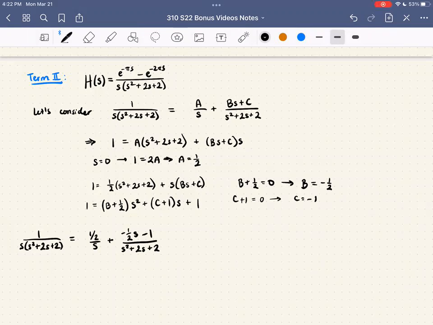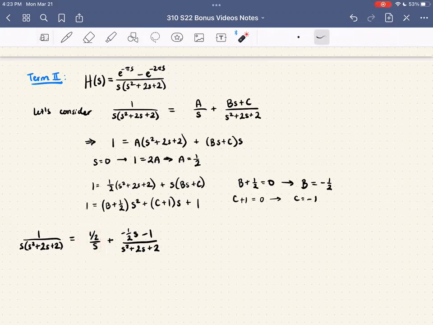Now remember, we want to take an inverse Laplace transform here, but this still doesn't quite look like something that we can take an inverse Laplace transform of. So we need to do some more manipulation. One of these manipulations we already did. We already completed the square for this expression. So let's replace this denominator by our completed version.